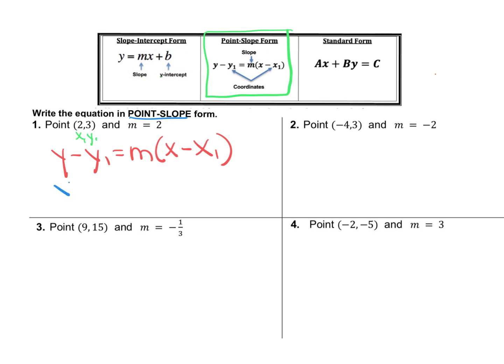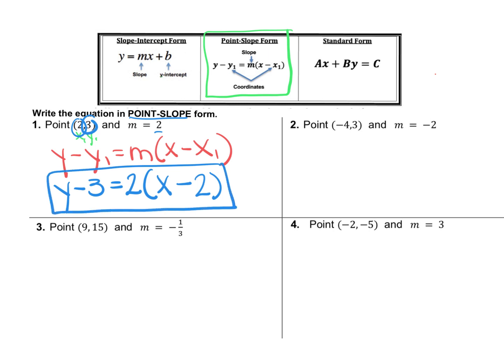So we have y minus our y1, which is 3. Our slope is 2. We have x minus x1, which is 2. And you're all done. This has now been written in point-slope form. Now, you'll never have to memorize this formula. You just need to know how to use it.